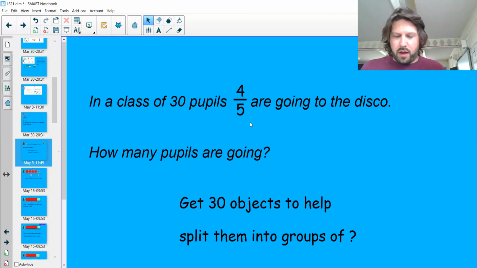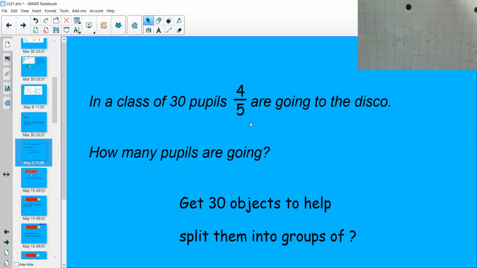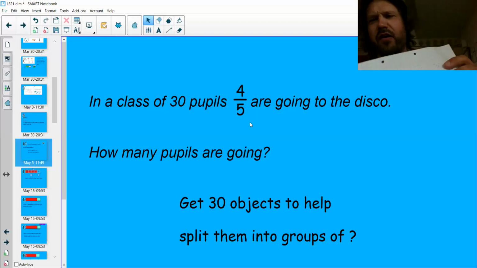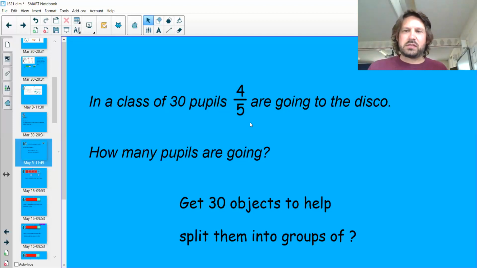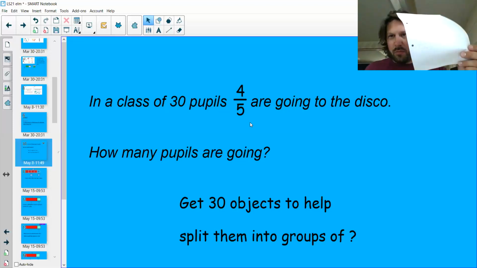So what I've done is I've very skillfully drawn this. Done 5 groups, and I've split very systematically going from one. I've split 30 into those groups. You could use discrete objects, but I thought that would get a bit messy, so I've just used dots on my page.